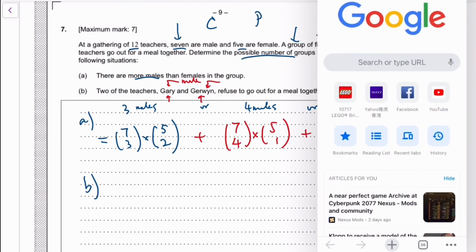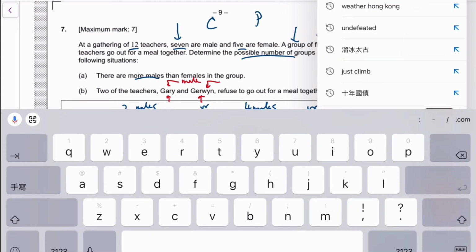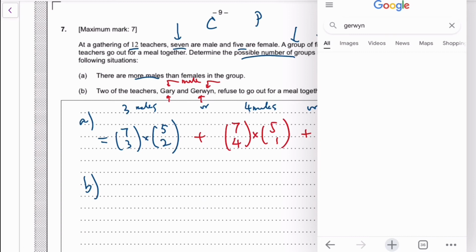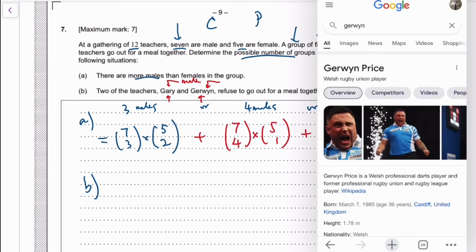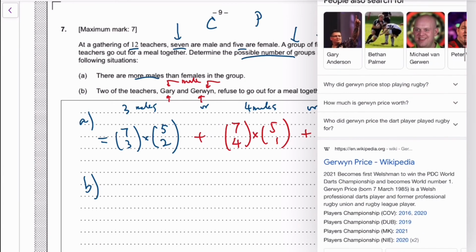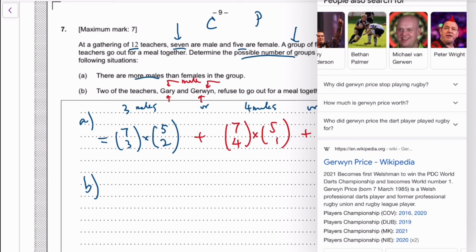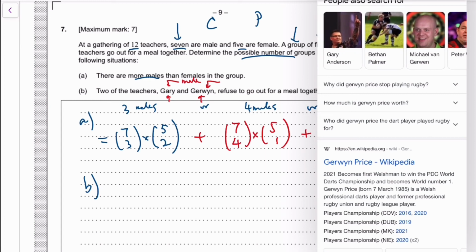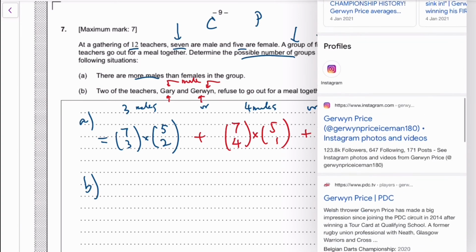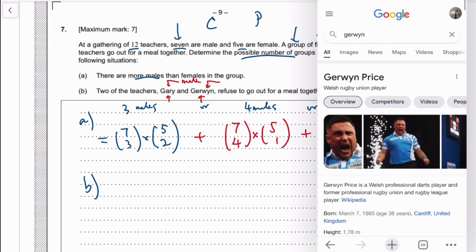I mean, this is unfair. Okay, apparently this name is also a male name. And coincidentally, the name Gary actually showed up when I searched for this. Okay, I'm going to assume this is a male name.